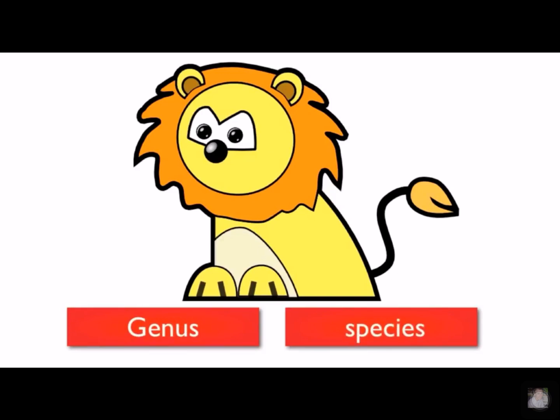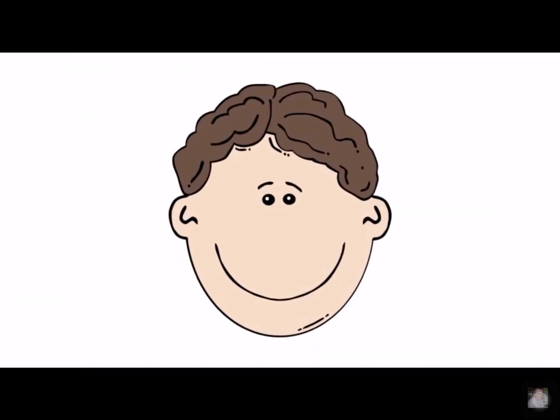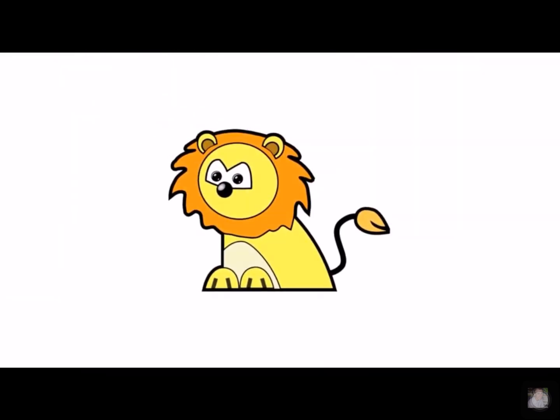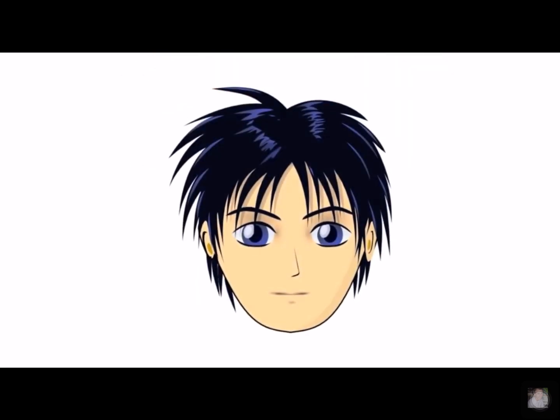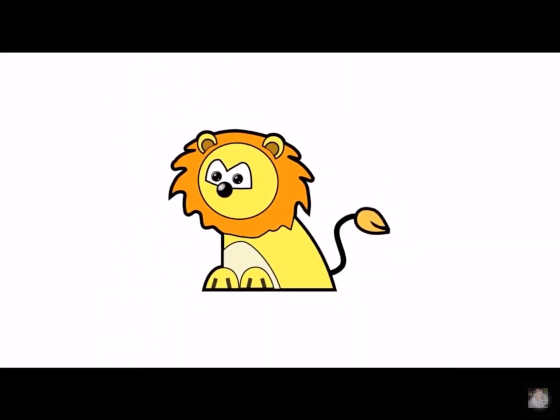So a lion is Panthera leo. So if you ever find yourself looking for lions at a zoo in China and nobody there is speaking your language, all you need to do is ask to see the Panthera leo, and you will be sure to see the lions.